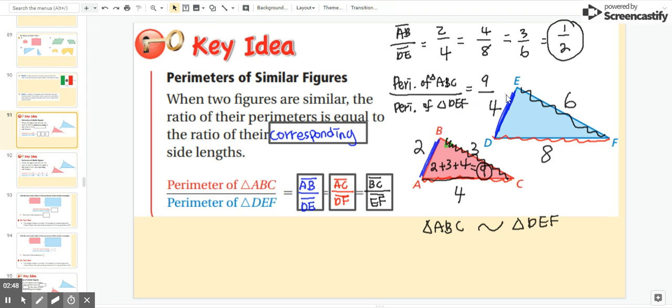It's 4 plus 6 plus 8, which is 18. So 9 to 18, if you simplify it, is 1 to 2, right? So if you know the ratio between the side lengths of the triangles, then you will get the ratio for the perimeter too.